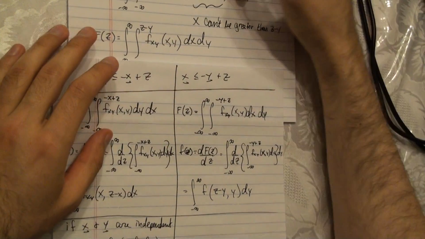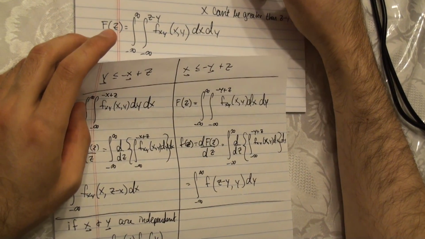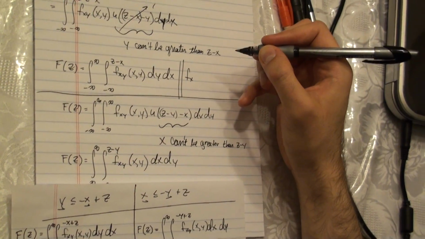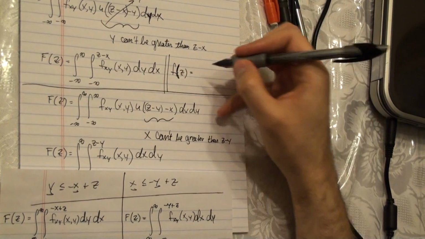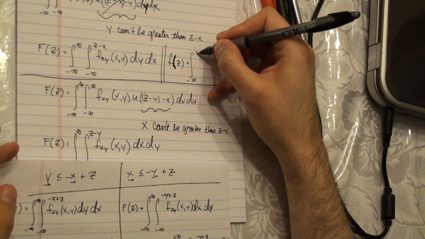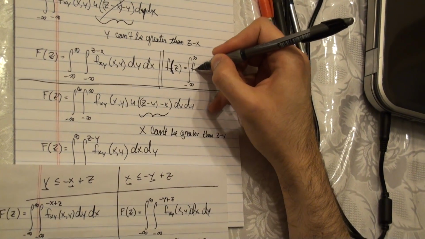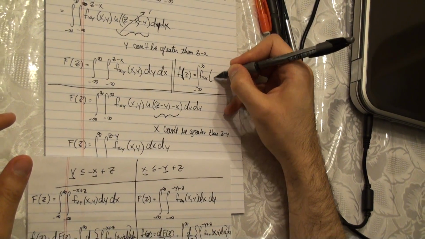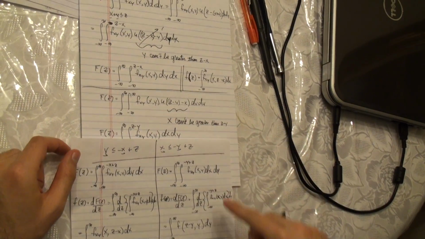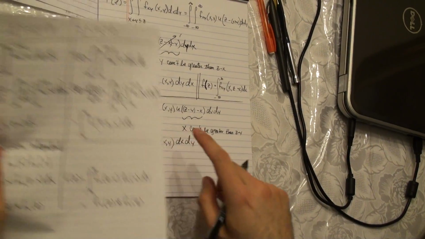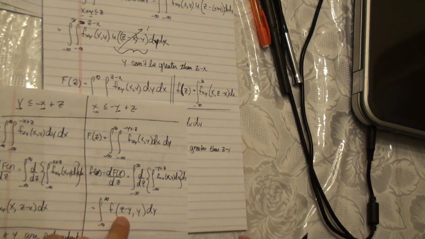So for here, I'm just going to write, we come to the, sorry, this should be a z. We come to the same conclusion by the same work. And then for this one, we come to the same conclusion here.